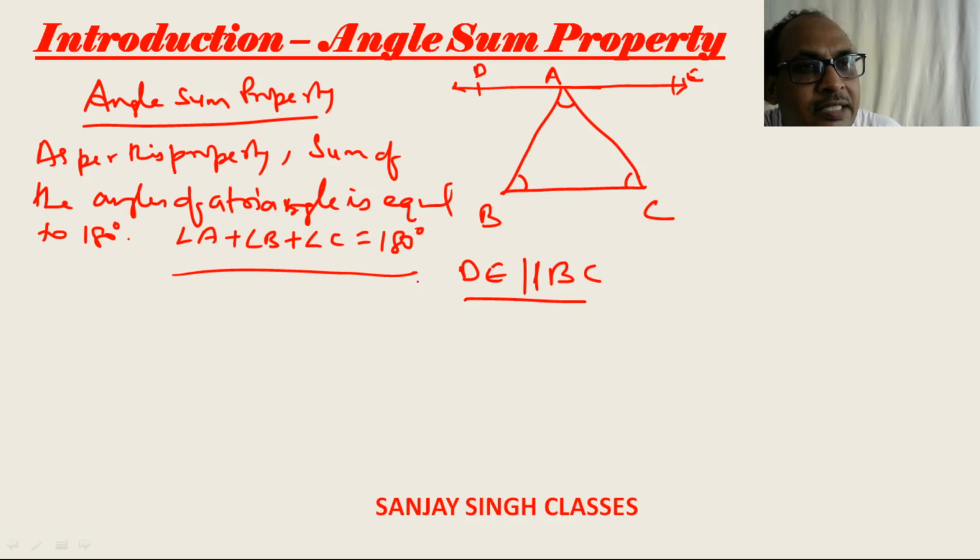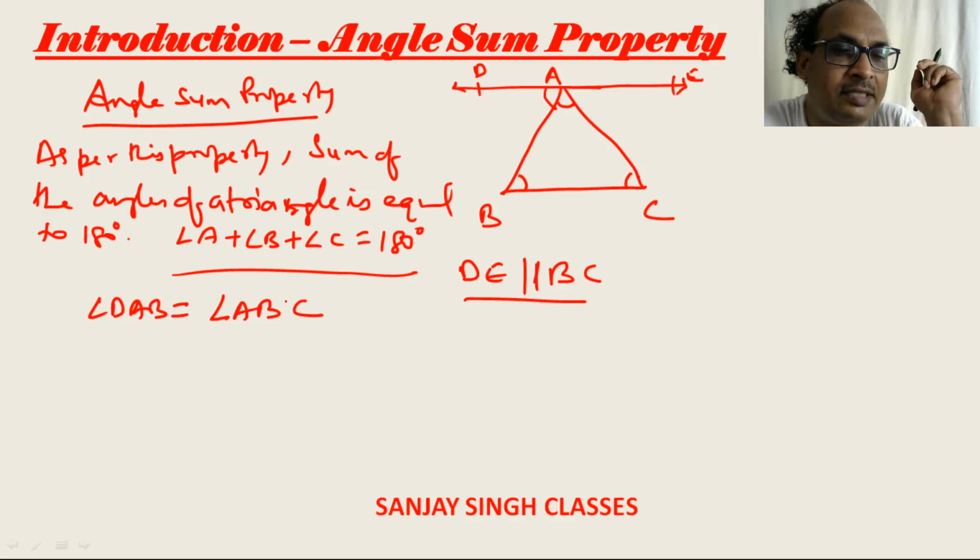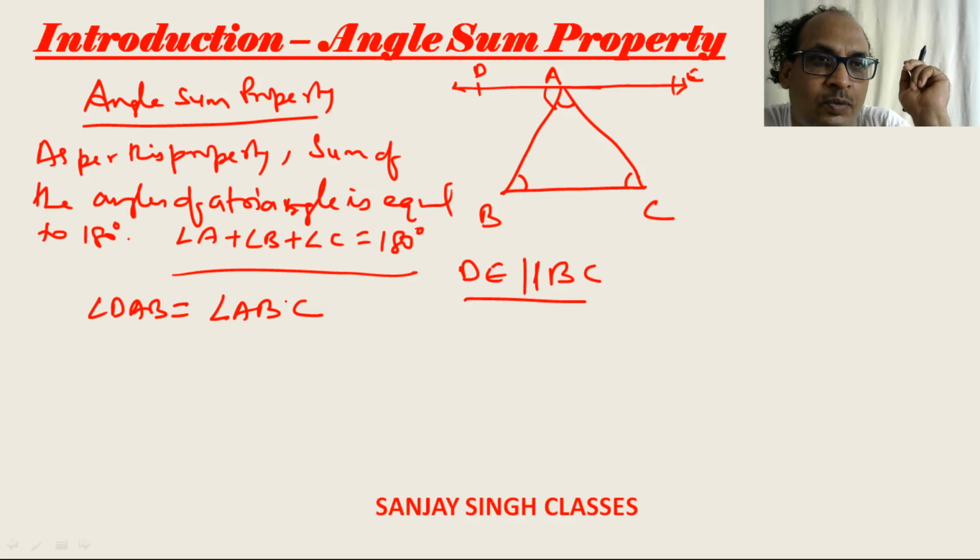Now in this case, we will find that this angle DAB is equal to angle ABC, alternate interior angles.